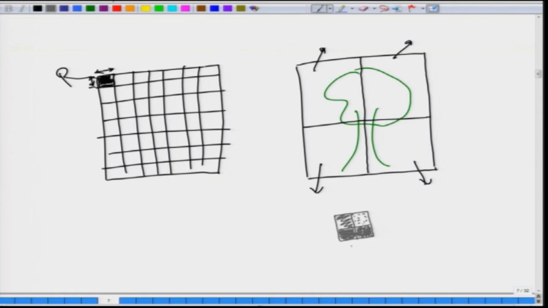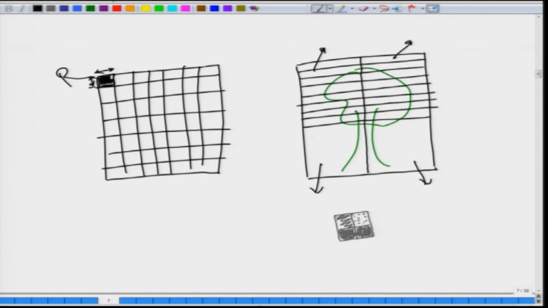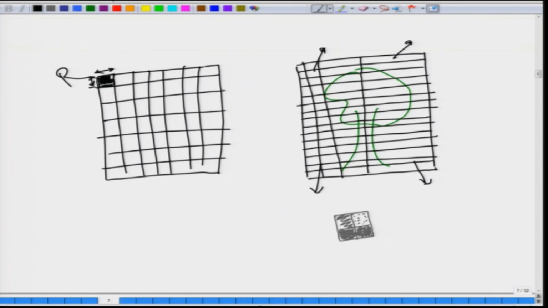So, this is the kind of image that you will get, but suppose you have a greater amount of spatial resolution. In this case what we are saying is that we have more number of pixels. Now, when you have more number of pixels, you are having more amount of data.